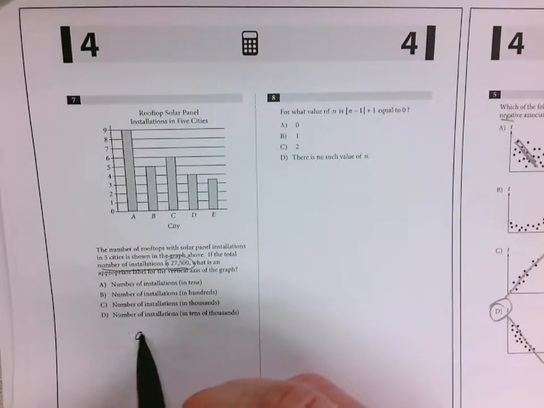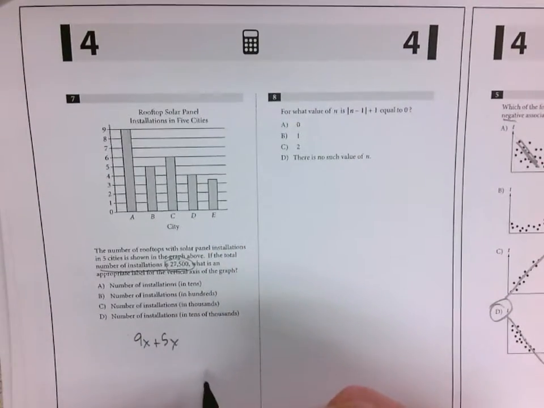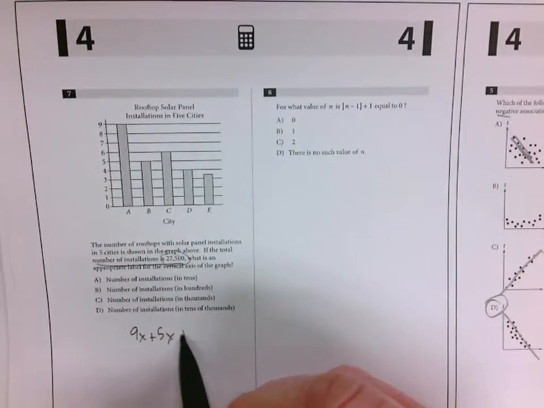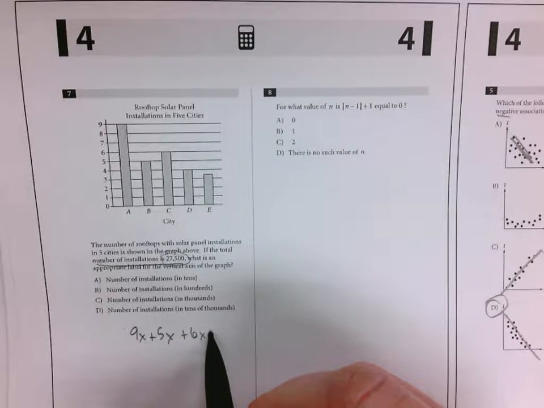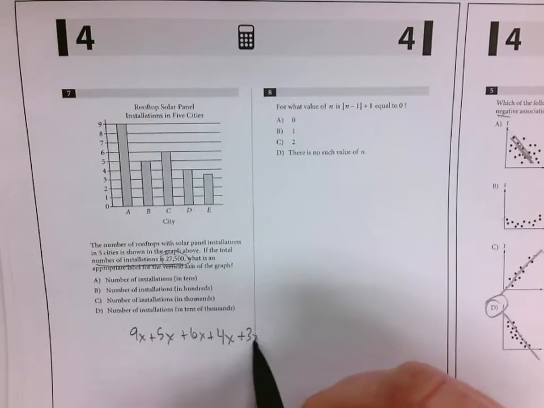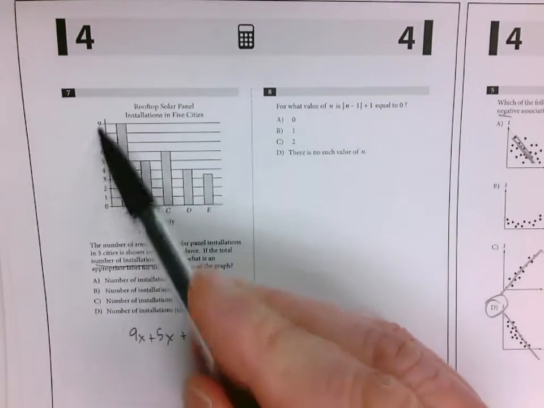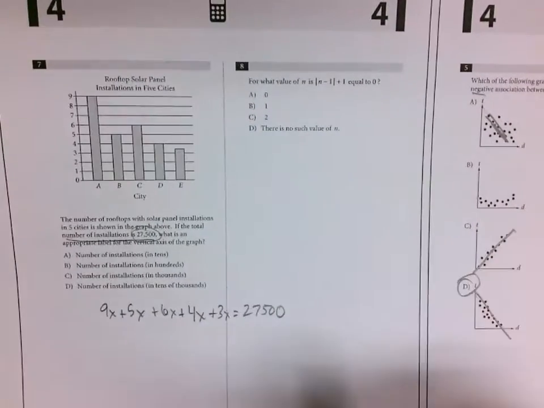I have 9x for this one, 5x, 6x, 4x, and 3x, and that adds up to 27,500, and that would tell you a good estimate for those gaps.